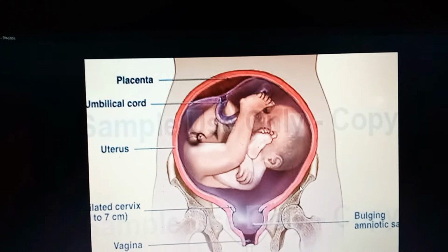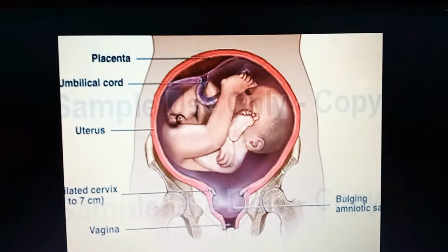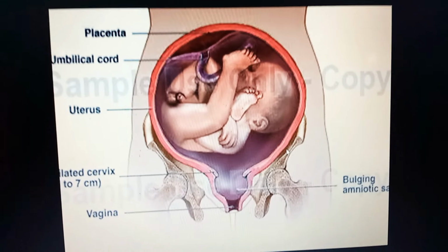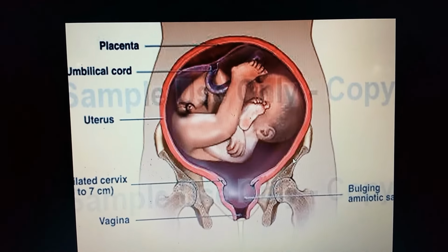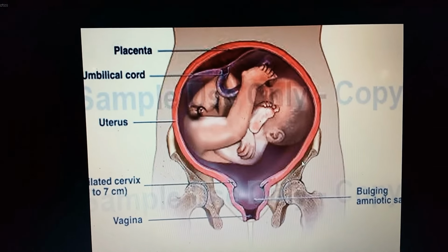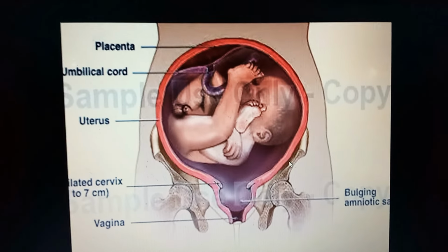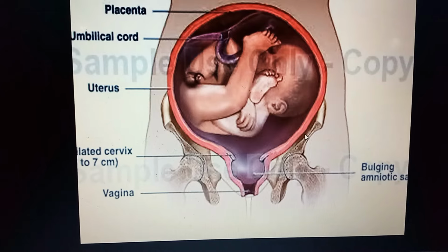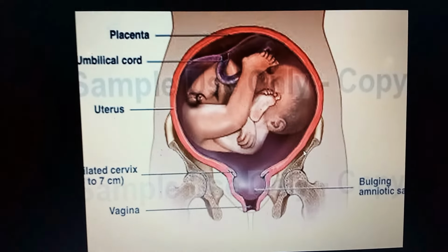As you palpate, you find that the fetal head is at the same level where you had first examined her. So there is no advance of the presenting part.